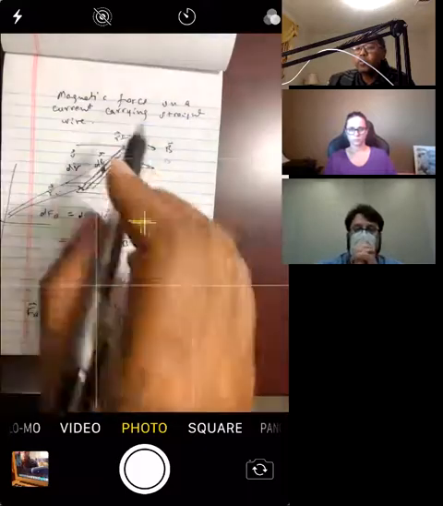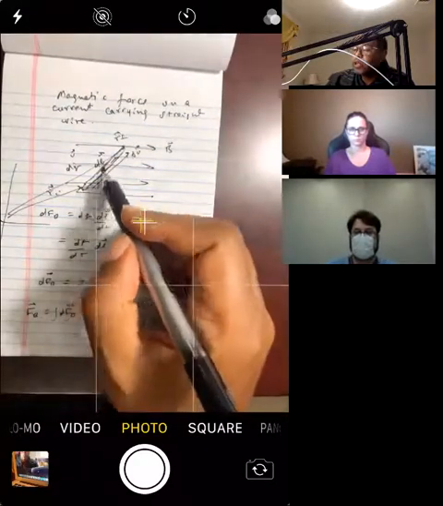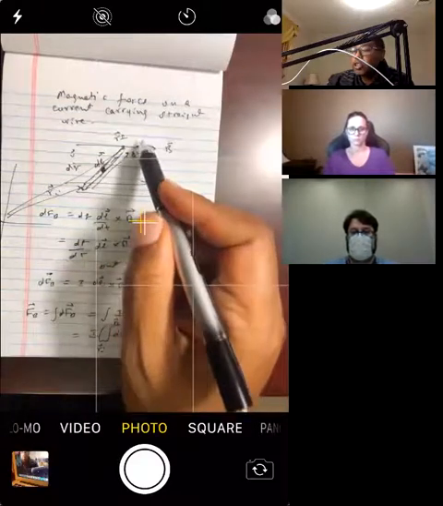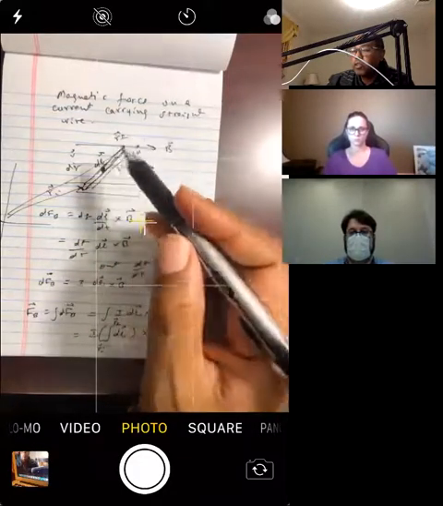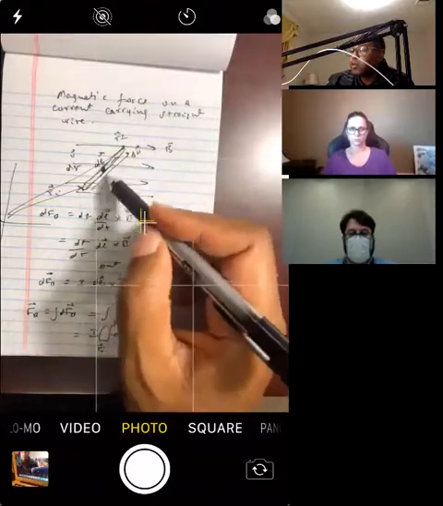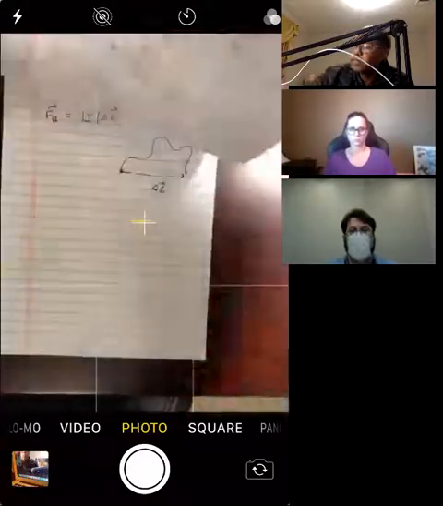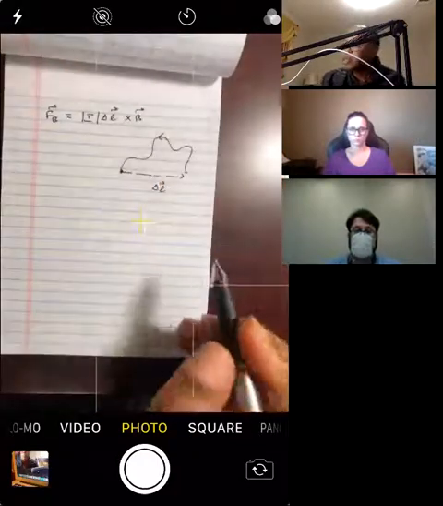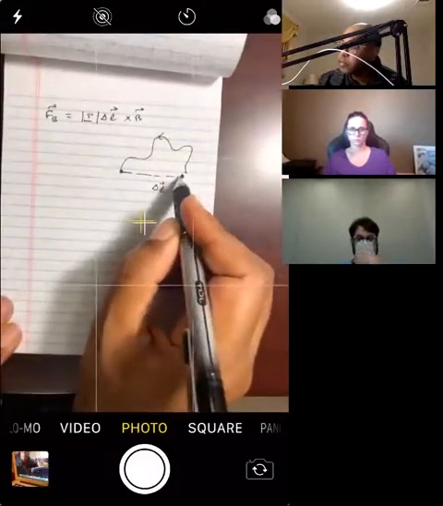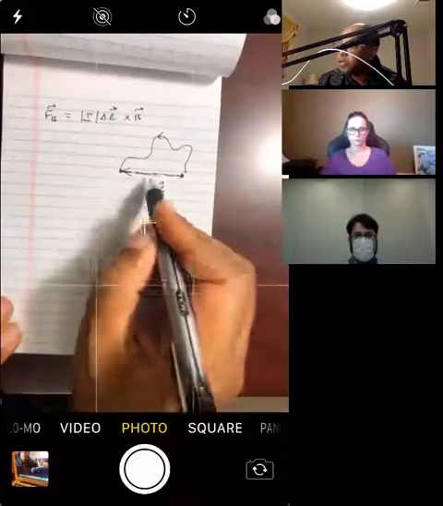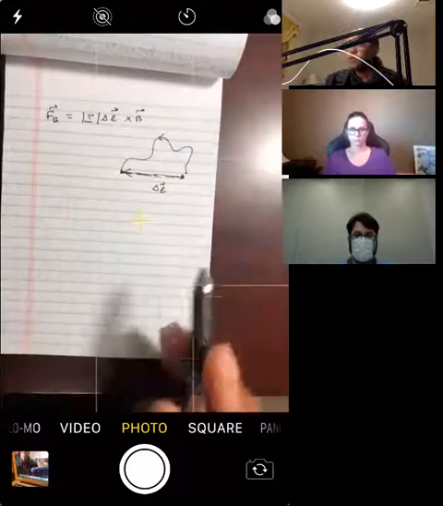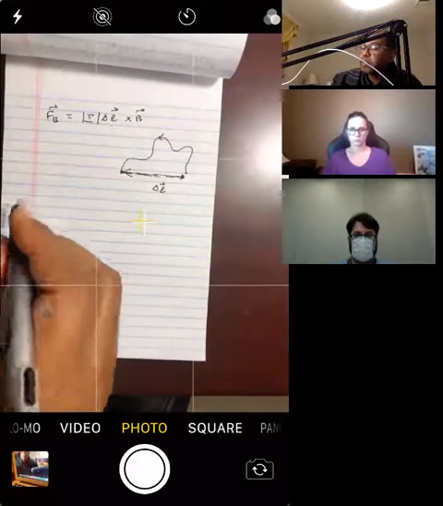It's simply a straight line connecting the initial point and the final point, and the direction of that displacement is the direction of the current. If the current is going this way, delta L will be this way; if it goes the other way, delta L goes the other way. So the direction of delta L is the direction of I.